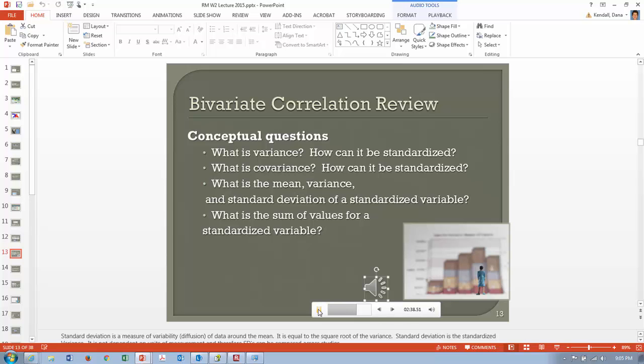All right, so we have the mean, variance, and standard deviation of a standardized variable. So when we standardize all of our data points by taking z-scores, then when we look at their mean, and you can do this in SPSS and make sure that this is true, the mean will be 0.